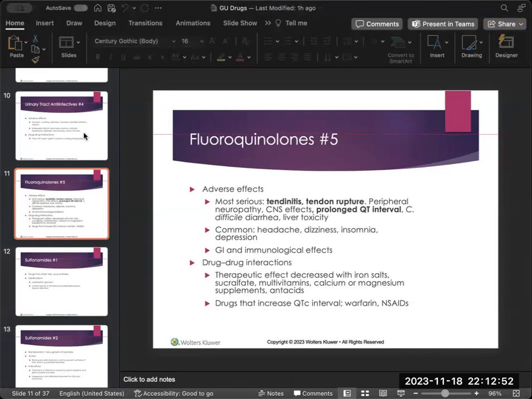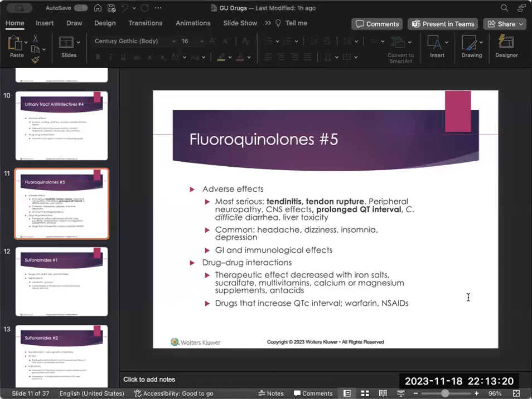So ciprofloxacin, gemifloxacin, ofloxacin, levofloxacin, you get the idea, okay? The really bad problem, as I said, with these, think of F. These are F-starting antibiotics, and they cause a risk for tendinitis and tendon rupture. So your tendon is near the floor and can rupture due to fluoroquinolones, okay?